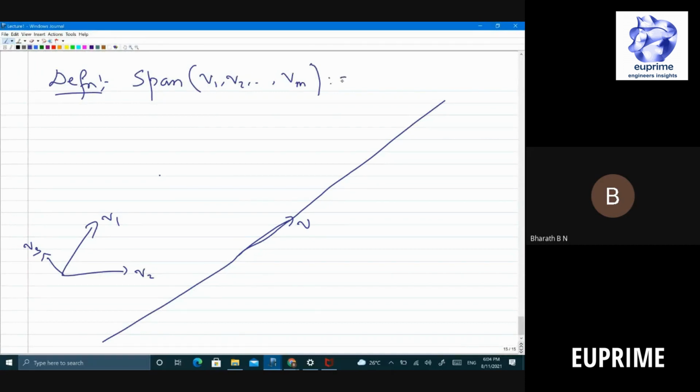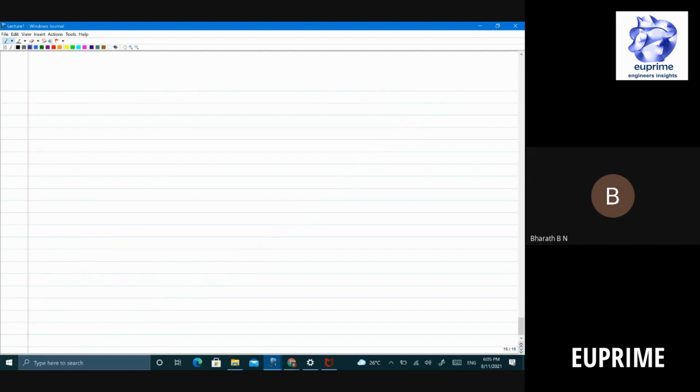It is all possible linear combinations, the summation i equal to 1 to m of alpha i vi, such that all alpha i belong to R. You pick any set of m numbers, take the linear combination, you get a vector. Keep on doing that until you exhaust every possible combination, and that gives me the span. Is this fine?